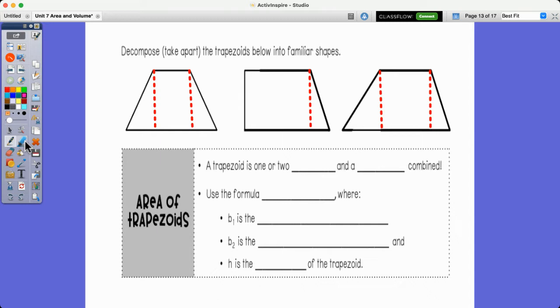A trapezoid is one or two triangles and a rectangle combined.